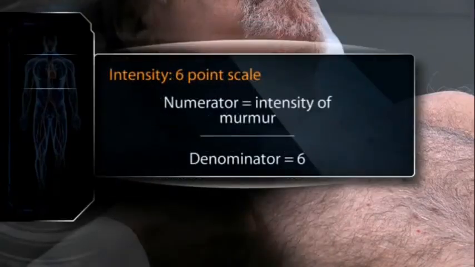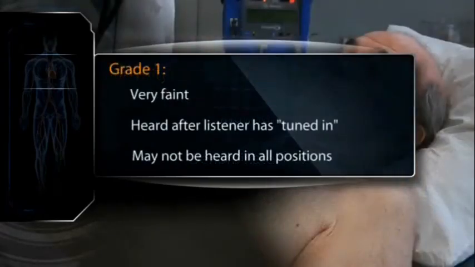Intensity is usually graded on a 6-point scale and expressed as a ratio. The numerator describes the intensity of the murmur wherever it is loudest, and the denominator, by convention, is 6, indicating the scale you are using. Using the 6-point scale, grade 1 indicates a murmur that is very faint and heard only after the listener has tuned in.